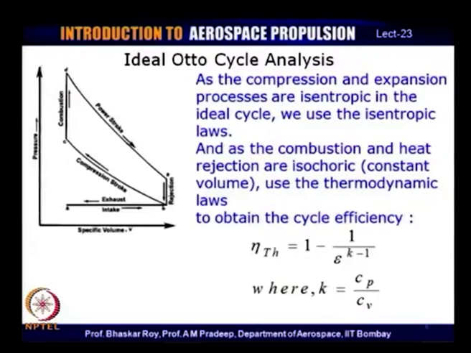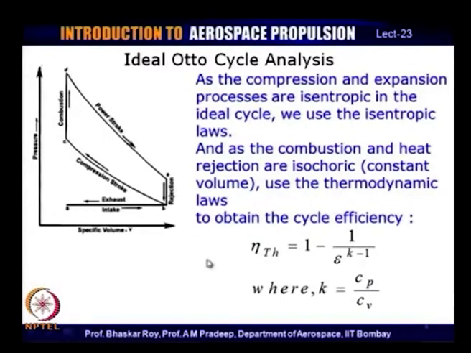If we have just these two values available with us, that is the compression ratio and the specific heat ratio of the working medium, we can quickly find out what the cycle efficiency would be. So, you see it is quite simple that if you prima facie have the compression ratio available with you, you know the working medium that you are using, you can quickly find out what the cycle efficiency is likely to be.